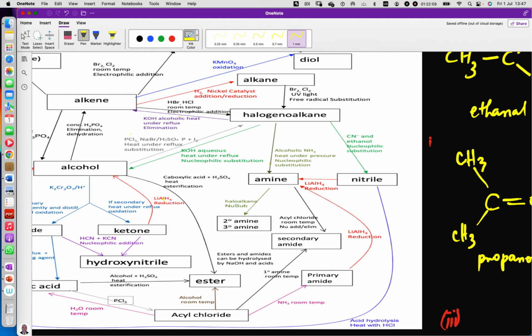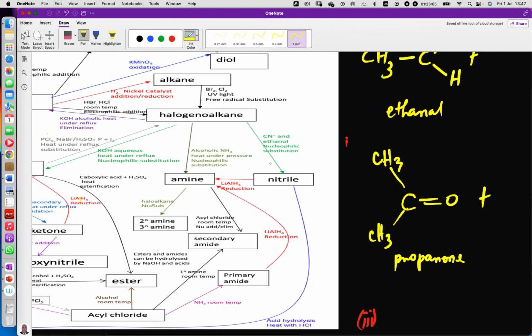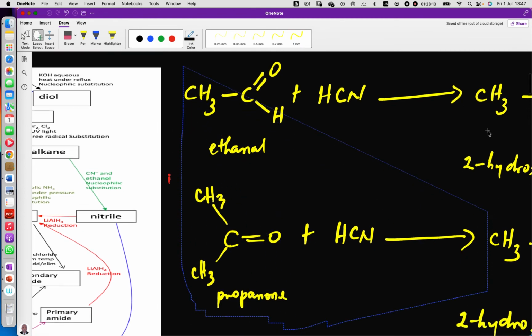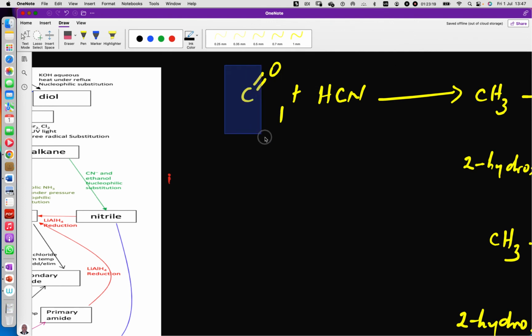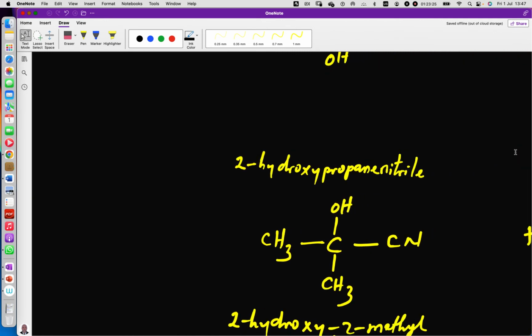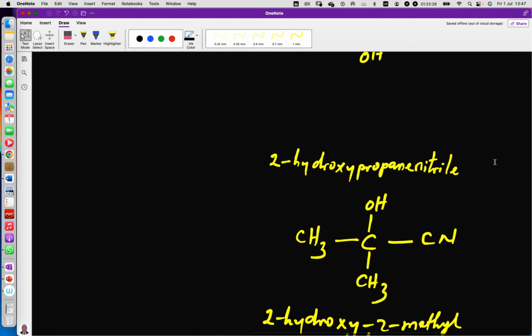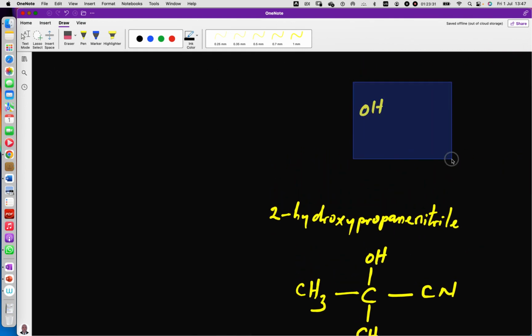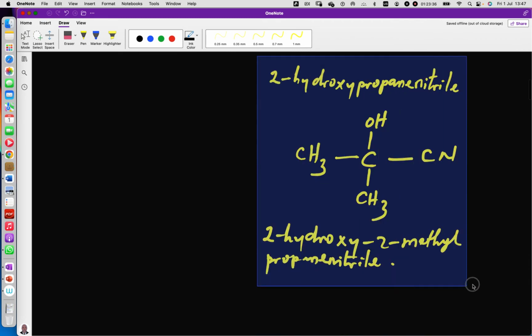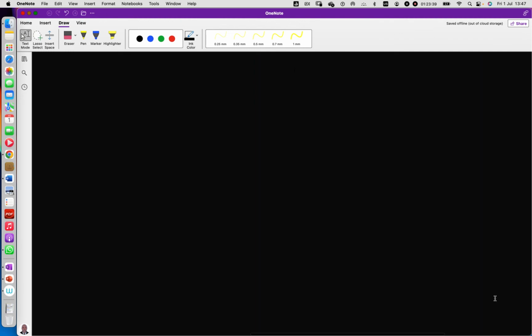Let me just give you a clue of what will happen when an alkane undergoes a substitution reaction. Let me just show you some examples of the normal substitution and the free radical substitution of alkane.